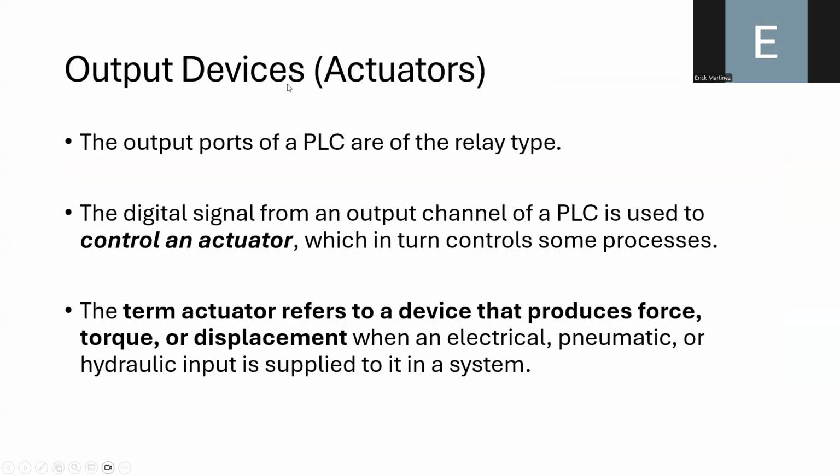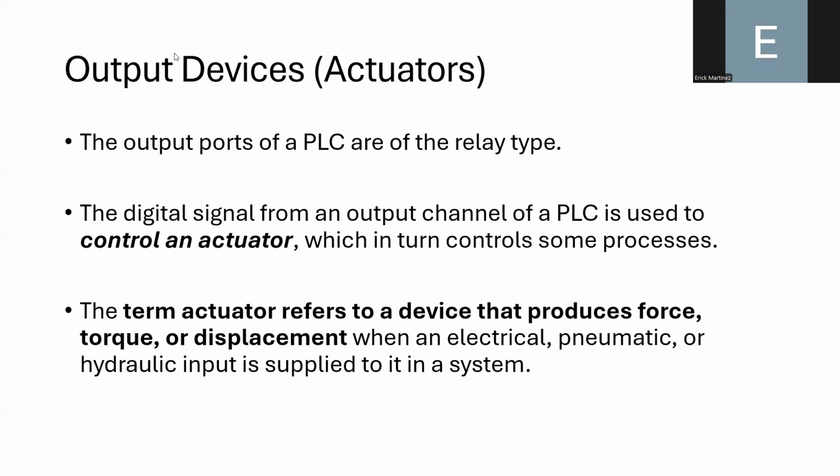So another element that I wanted to discuss here is the output devices, which are basically the actuators. The output ports of the PLC are often of the relay type. A relay is basically a solenoid or a coil that allows us to control electrically different types of electromechanical systems.